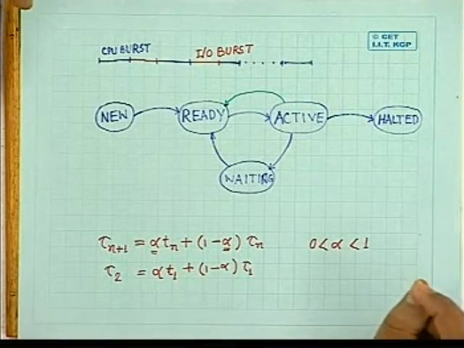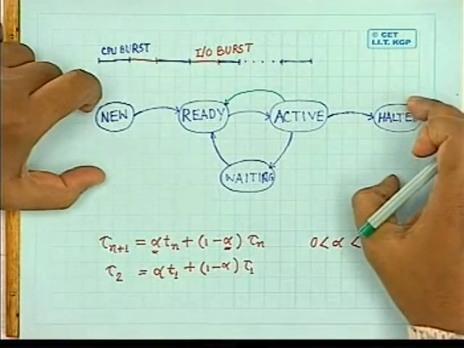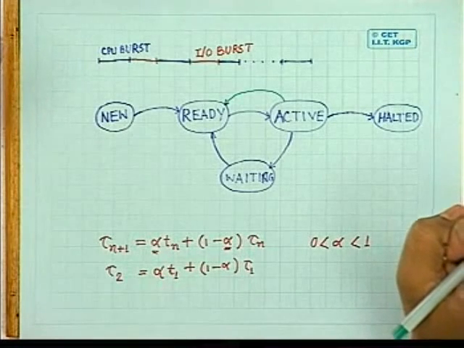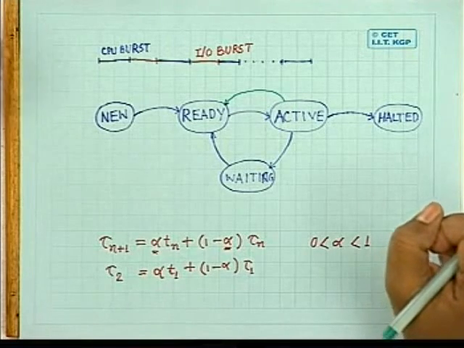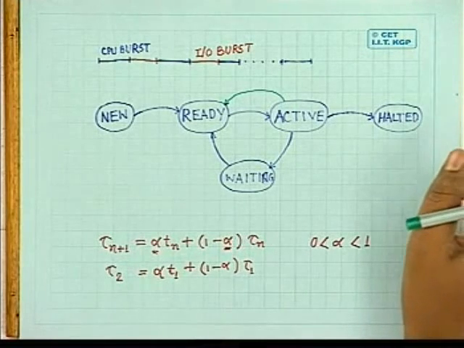Now again, with respect to this process state diagram, you find that in a system, if I have jobs which require a larger amount of CPU burst, or the CPU burst duration is more, such kinds of jobs are called CPU bound jobs. That means they use more CPU time and less IO time.